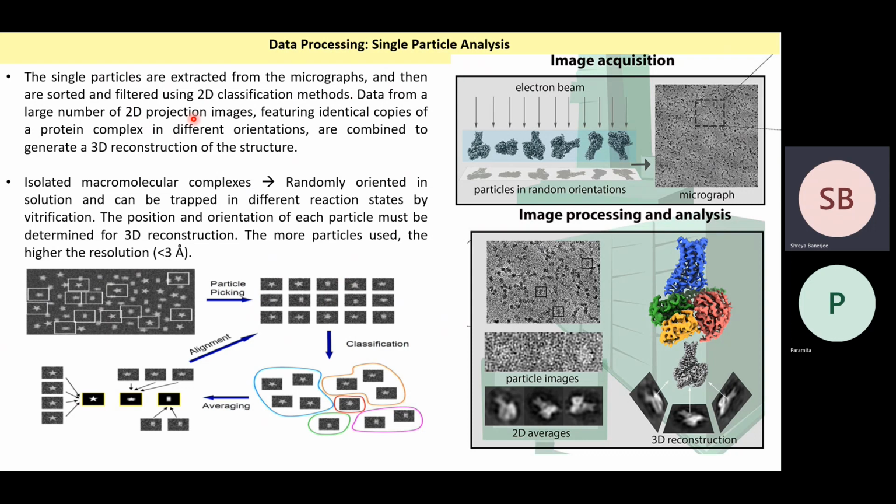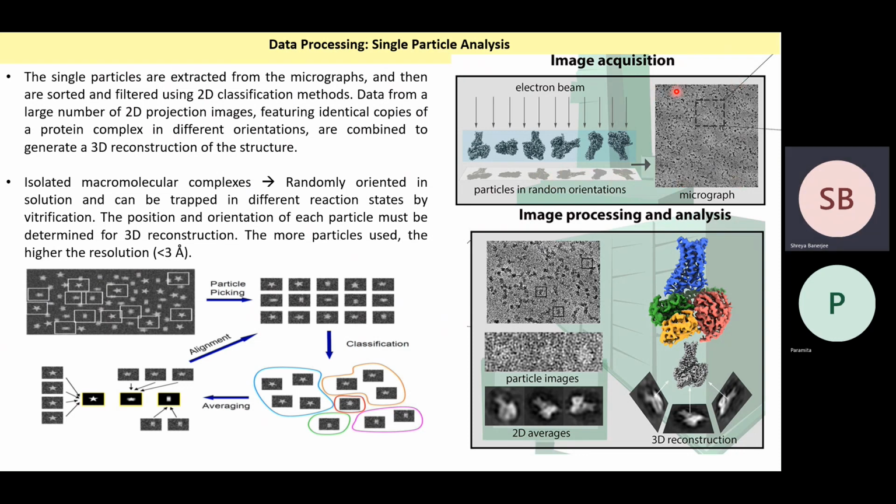Data from a large number of 2D projection images featuring identical copies of the protein complex in different orientations are combined to generate a 3D reconstruction of the structure. So suppose there are many molecules of the protein. They are oriented in different ways as shown here. And so you are getting the image of the particle in many different orientations.